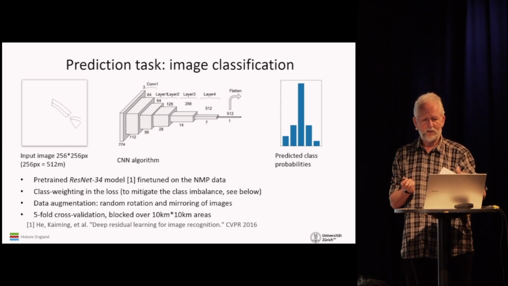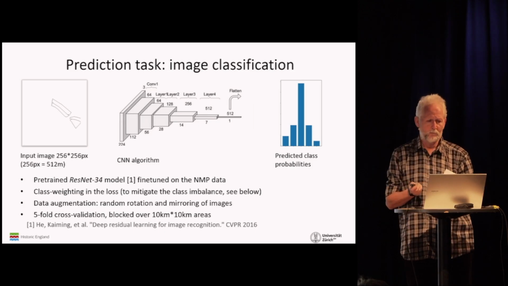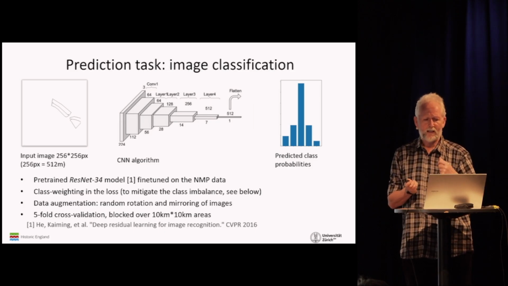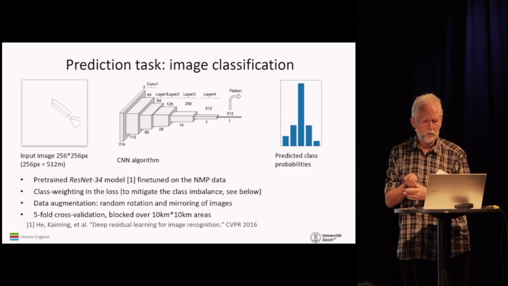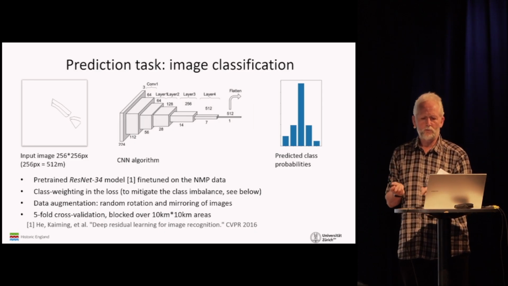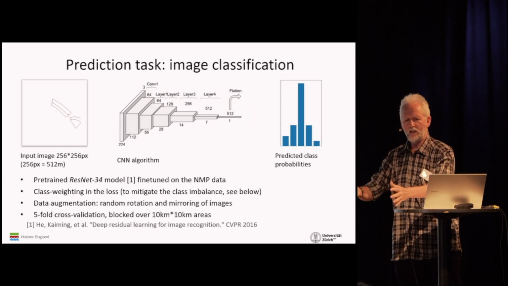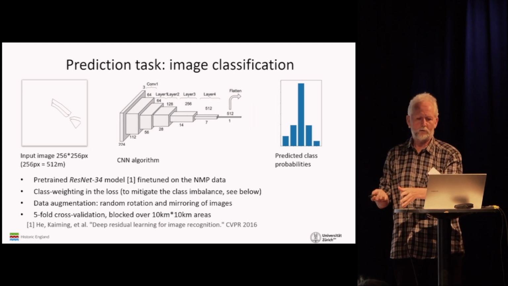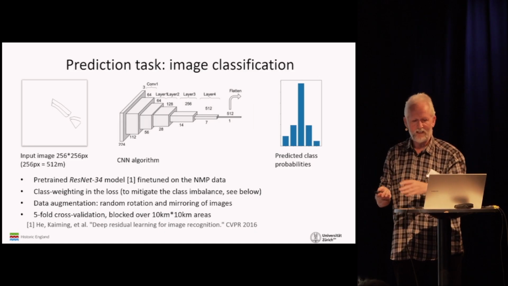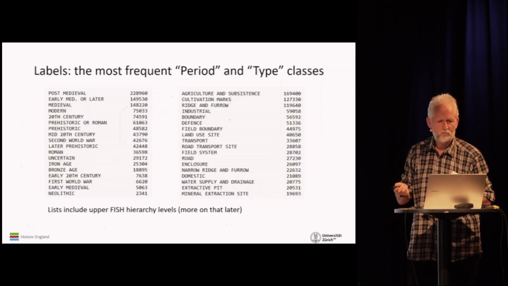There are various elements that have been built into the program, such as class weighting and data augmentation. And the five-fold cross-validation, I am told, is you split your sample into 5 blocks, you train it on 4, and then test it on the remaining. It's going to be fast, right?